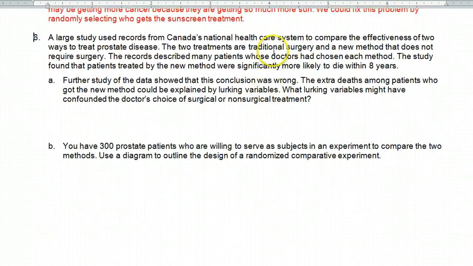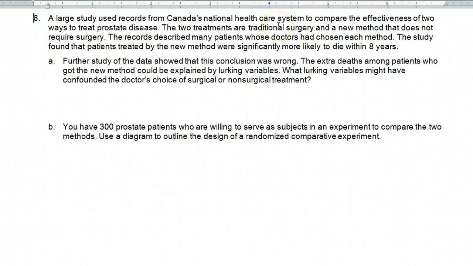So, number 6. A large study used records from Canada's national healthcare system to compare the effectiveness of two ways to treat prostate disease. The two treatments are traditional surgery and a new method that does not require surgery. The records described many patients whose doctors had chosen each method.